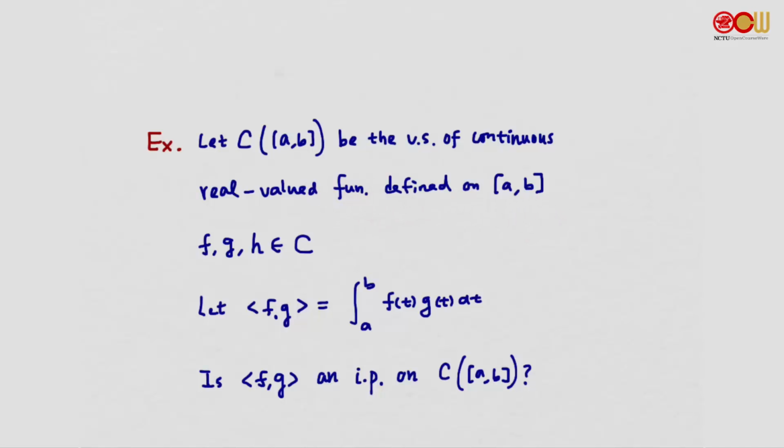And for all vectors f, g, and h, we define this function: the function of f and g is equal to the product integrated from a to b. The question here is: is the function that we have so defined an inner product on the vector space C[a, b]?